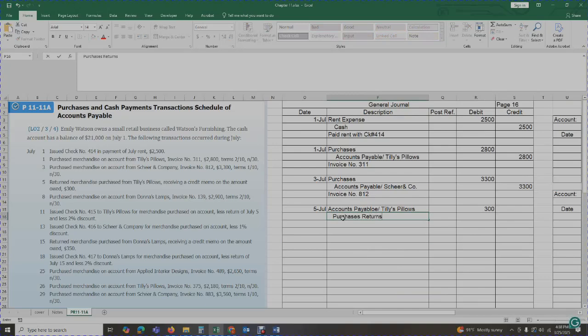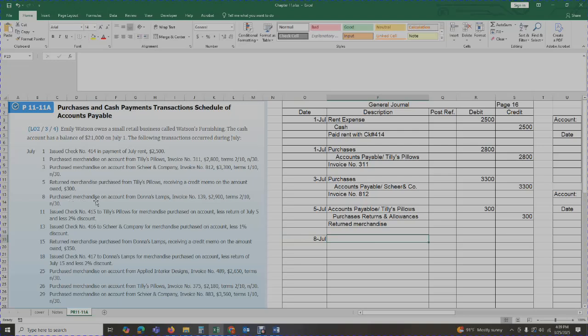And the amount of the return is $300. Okay, and what happened here? We returned merchandise. So that happened on July the 5th.